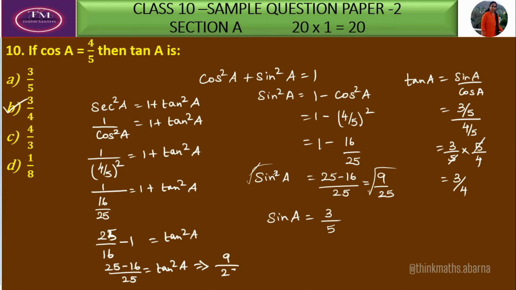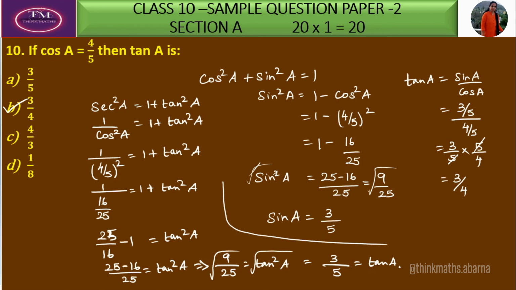So 9 by 25 equal to tan square A. So if we take the square root, this power 2 gets cancelled. So we will get root 9 is 3. Root 25 is 5. So 3 by 5 equal to tan A.